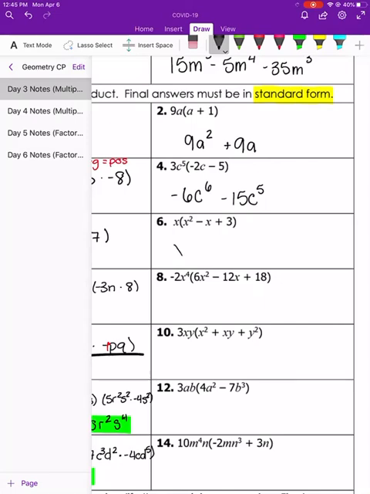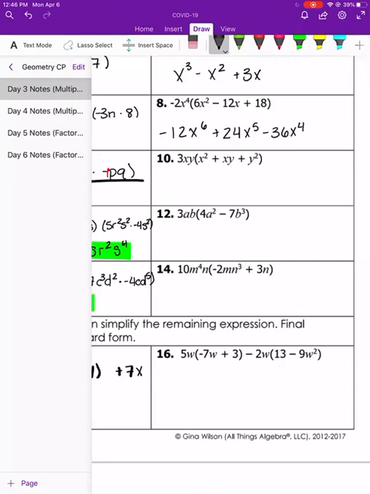For number 6, you should get x cubed minus x squared plus 3x. For problem number 8, your answer should be negative 12x to the 6th plus 24x to the 5th minus 36x to the 4th.